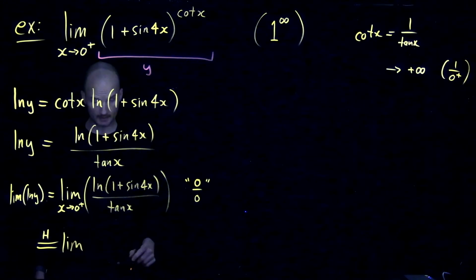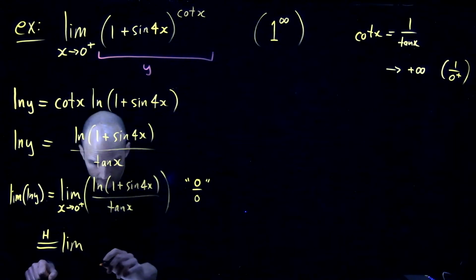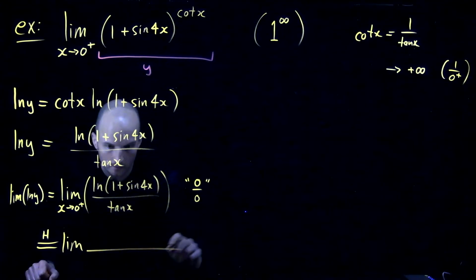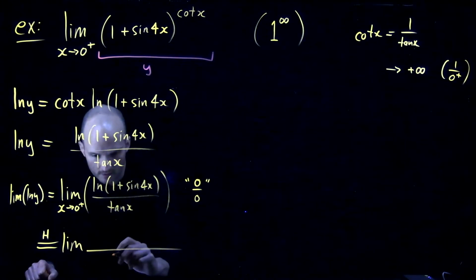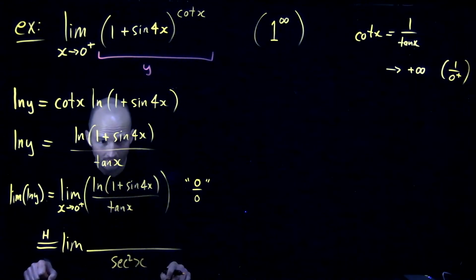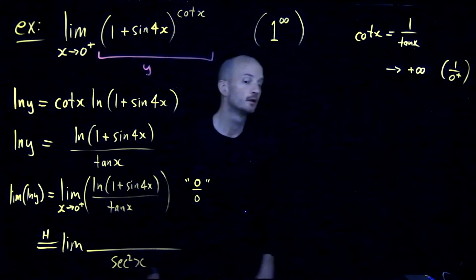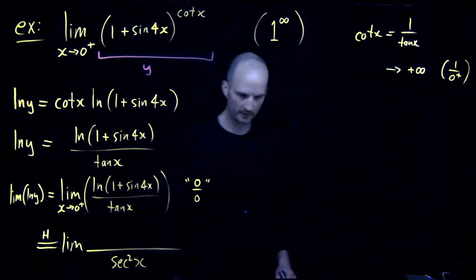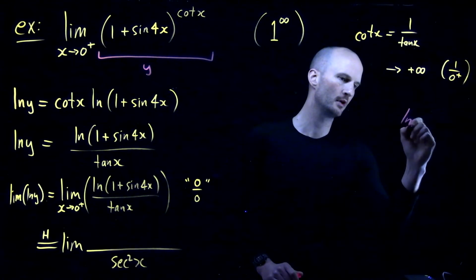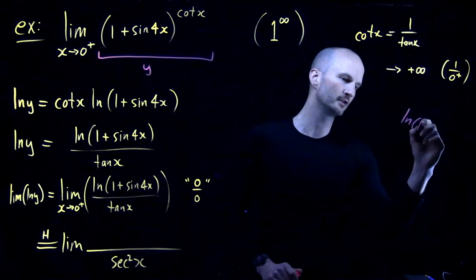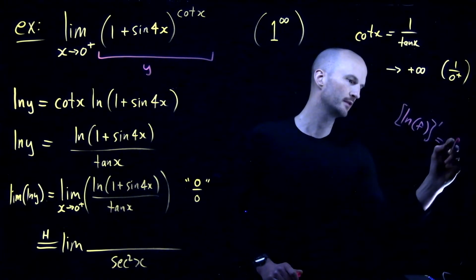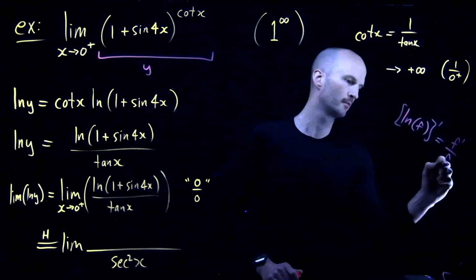This is going to be a bit tricky too. Tan, derivative is secant squared. On top, you have a ln. You have to recall that if you have ln of a function f, and you take the derivative, what you get is f prime over f.